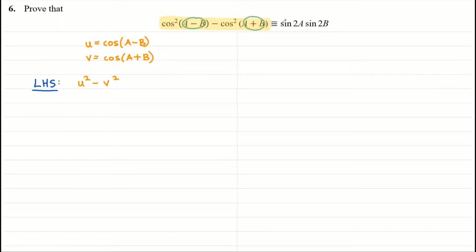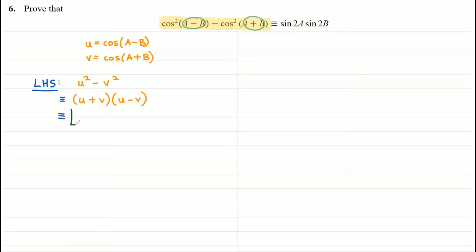Let's immediately write that as the difference of 2 squares factorized. So that's going to be u plus v multiplied by u subtract v. And once again, if you're happy with the level of abstraction, you can just go straight to the next step. You don't have to make the substitution like I've just made. But just be aware there's a complicated substitution that's taken place.